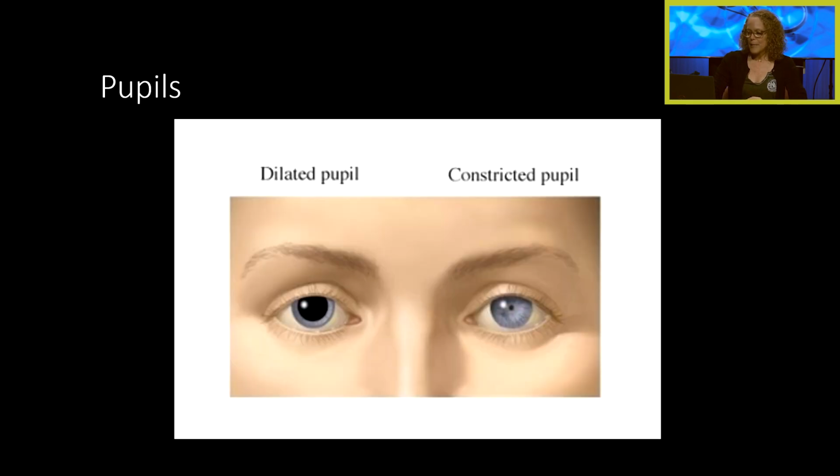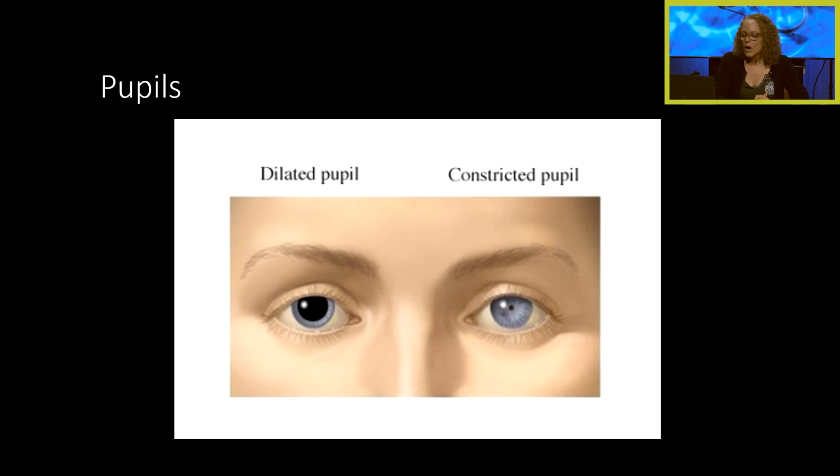But what we worry about is when there is a dilated pupil on one side and a pupil that is not dilated on the other side. In a neuro situation, this could mean that the patient has had a major head trauma and has what we call a blown pupil on one side.